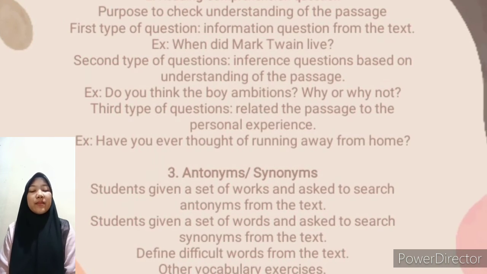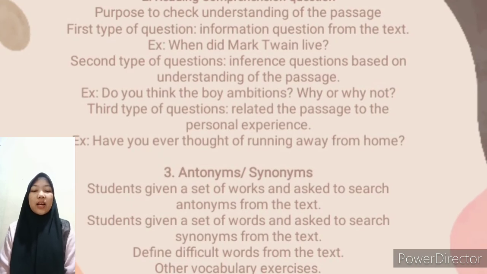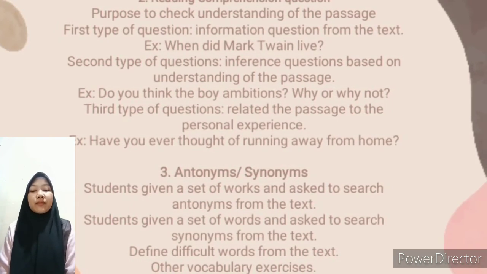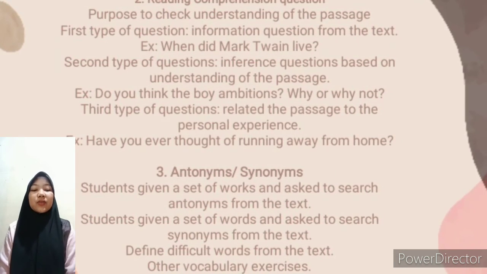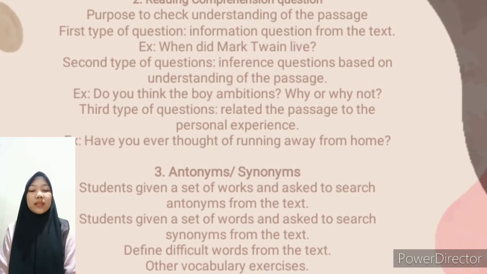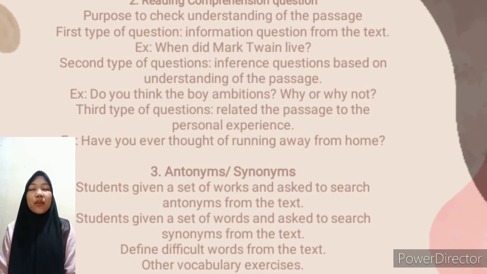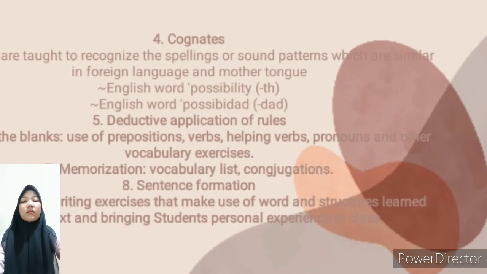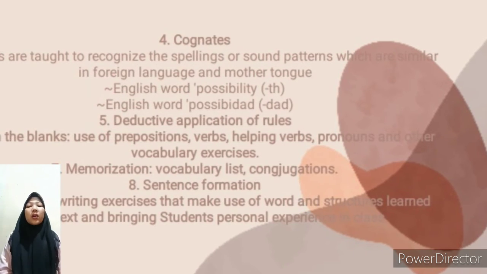3. Antonyms or synonyms. Students are given a set of words and asked to search for antonyms from the text. Students are given a set of words and asked to search for synonyms from the text. Define difficult words from the text. Other vocabulary exercises. 4.